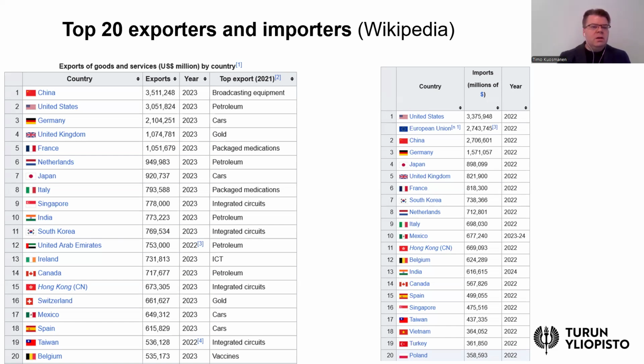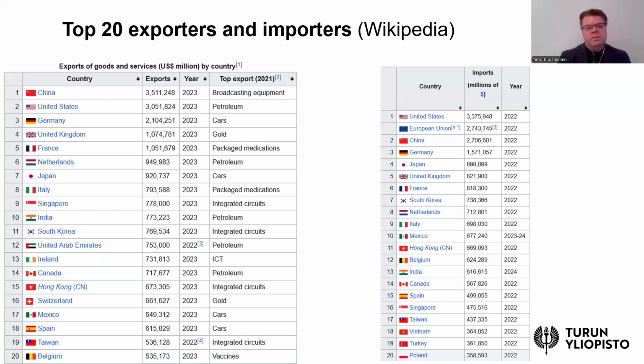There are countries in order of exports in millions of US dollars, and on the rightmost column, there is also the top export product. We see that obviously large countries or countries with a large population tend to export and import more. In exports, there is China on top, followed by the United States, Germany, United Kingdom, and so on.